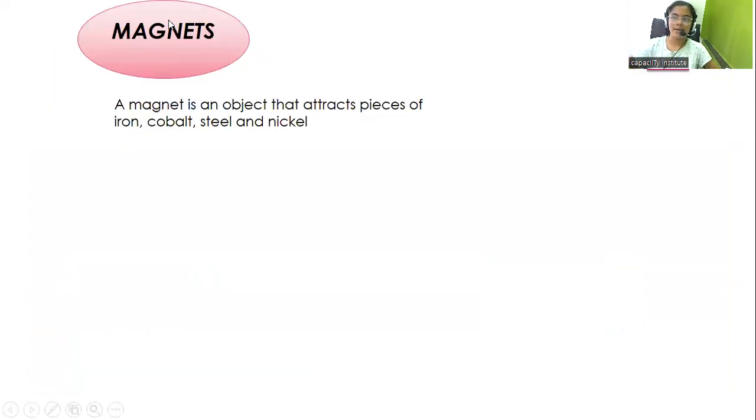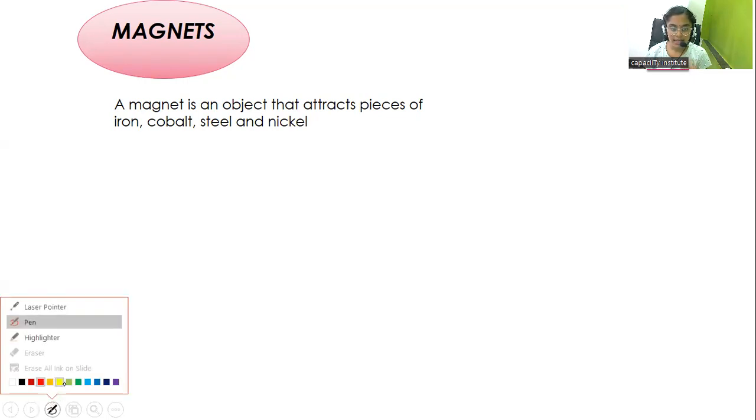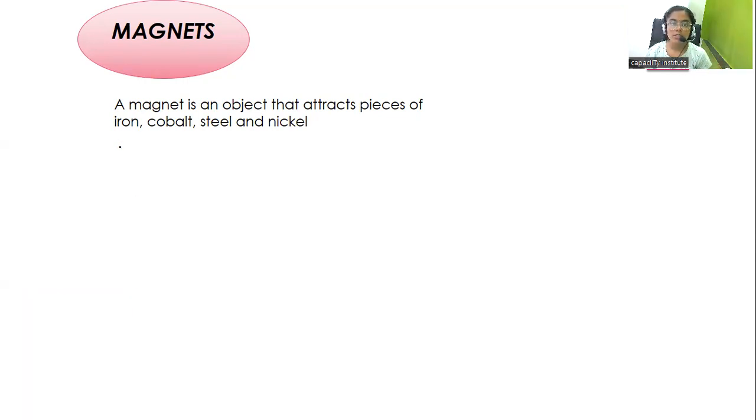Now, magnets. We all know we had fun with magnets. We used to play with magnets all the time. So, we all know what a magnet is, right? A magnet is an object that attracts pieces of iron, cobalt, nickel, and steel. So, what are these iron, cobalt, steel, and nickel called?